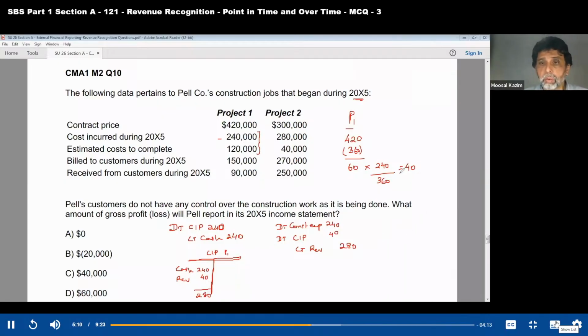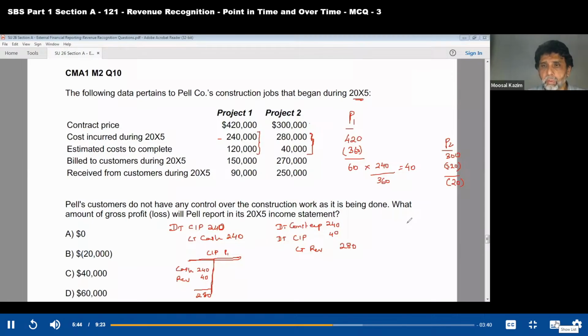Now project two, as I showed you, is in a loss. 300 is the contract price. 320 is the estimated cost. So you have a loss of 20, and that should be recognized in full.